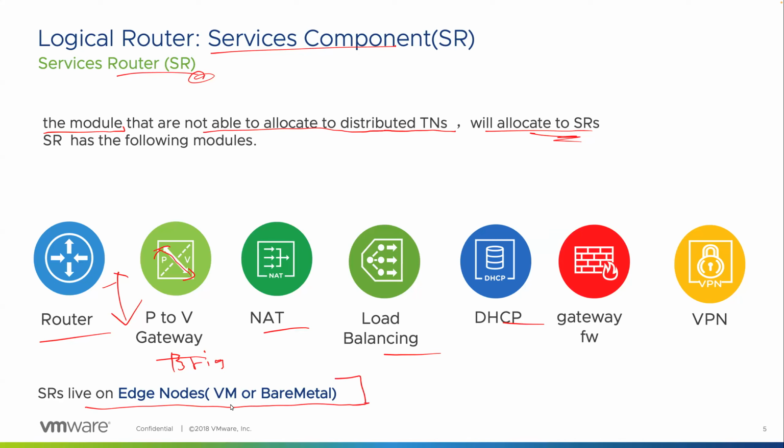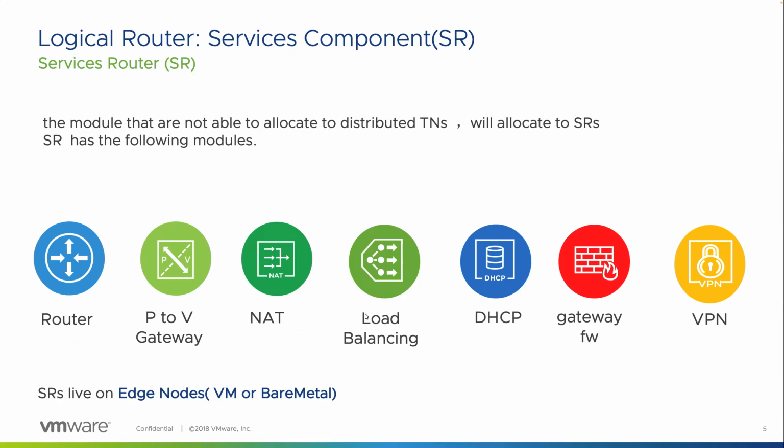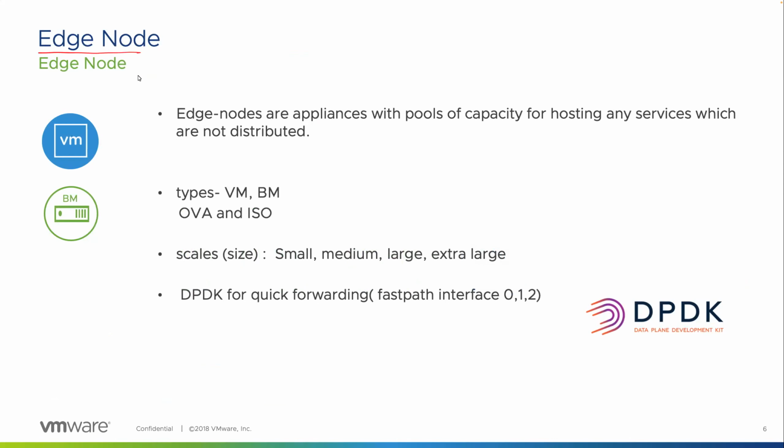Edge nodes have two types: one is VM, one is bare metal. Edge nodes are appliances with a pool of capacity for hosting any centralized services which are not distributed. That means the edge node is a container.